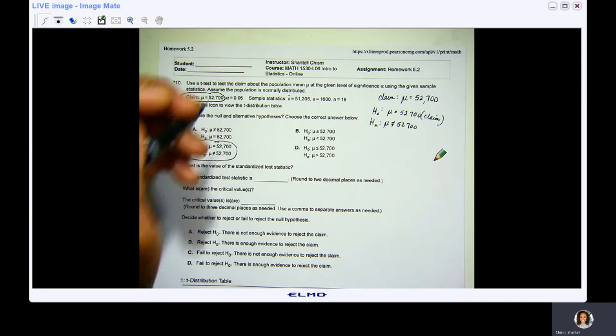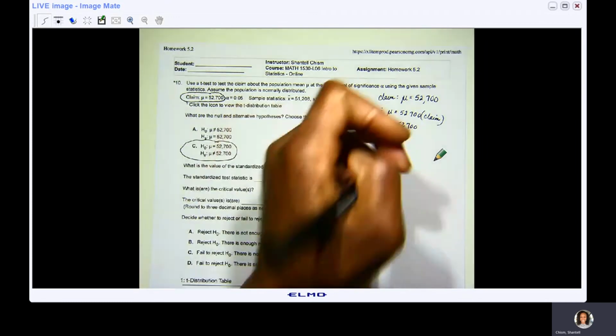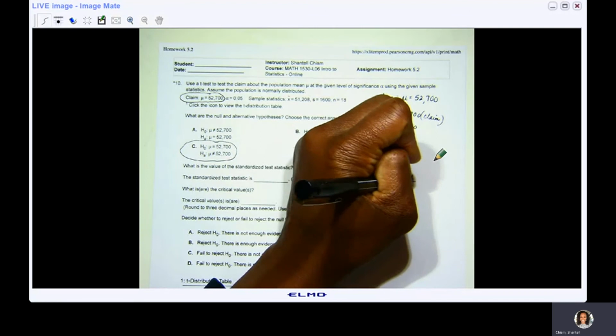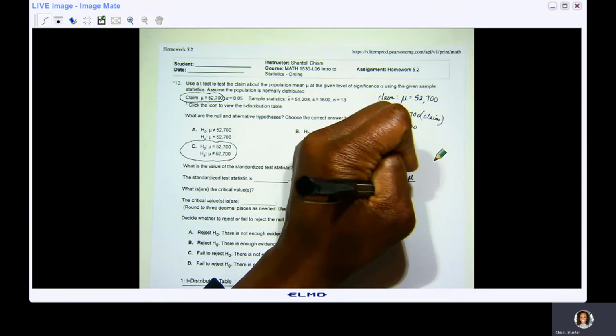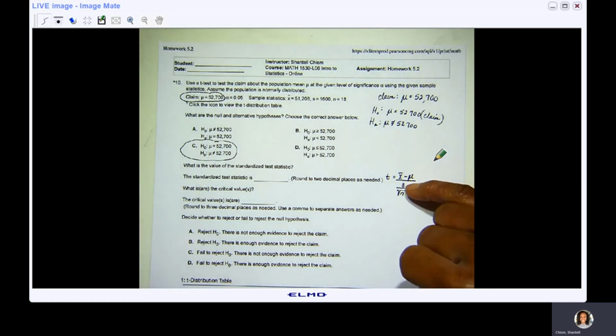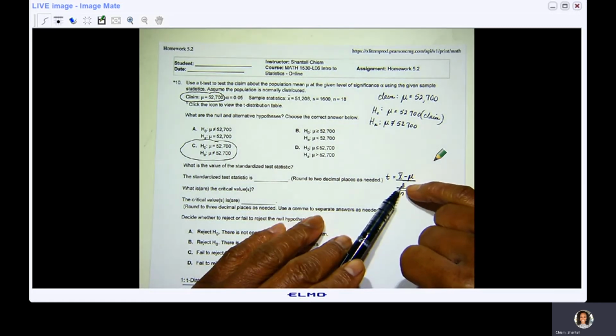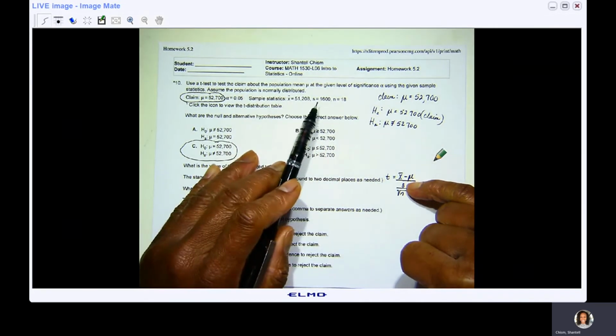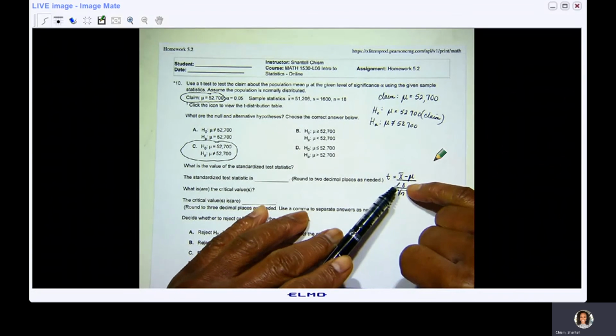All right. So to get the standardized test statistic, that's t equals x bar minus mean mu over s divided by the square root of n. So very similar to getting the test statistic z. The difference is we don't have sigma, we have s. We have the sample standard deviation. So instead of being given sigma, we're given s, and that just changes the formula just a little bit.